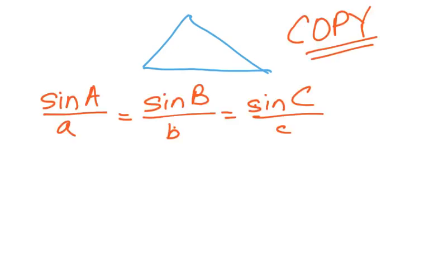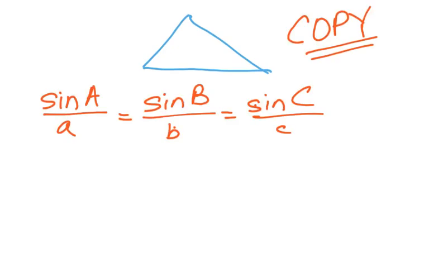Next, using the same kinds of ideas, we're going to find the side lengths of a triangle that is not a right triangle. I'm going to write down the formula here, and I want you to copy this whole page.